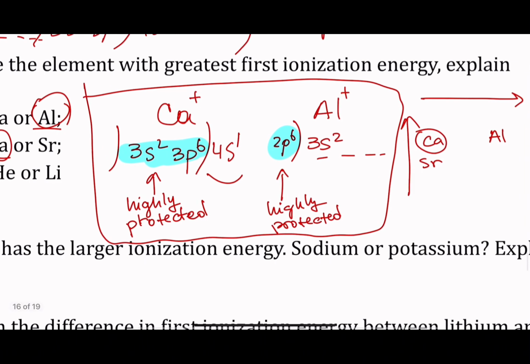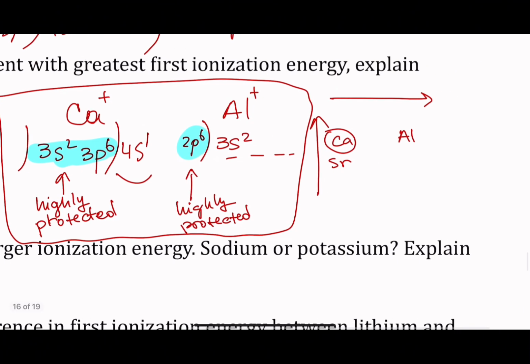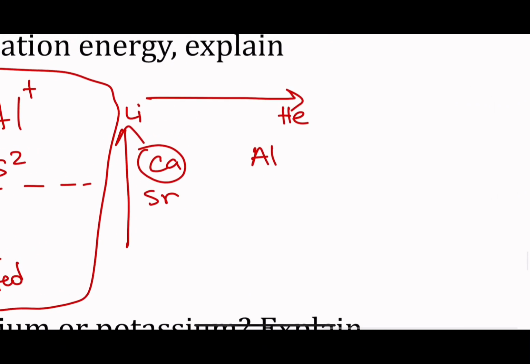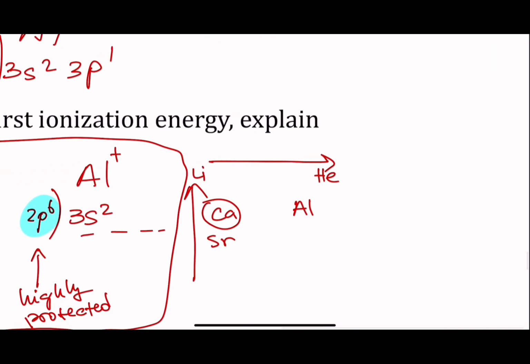And then we have helium and lithium. Lithium is located here, helium is located here. First ionization energy. Now I want you to look at the electronic configuration of lithium. Lithium is 1s2, 2s1. And helium is just 1s2.